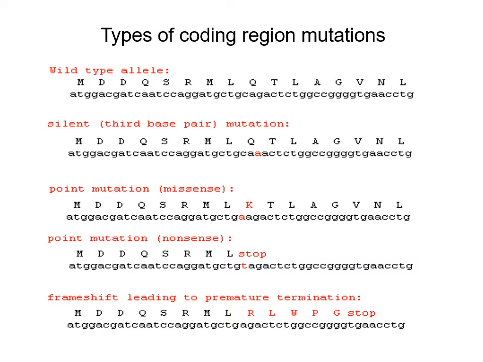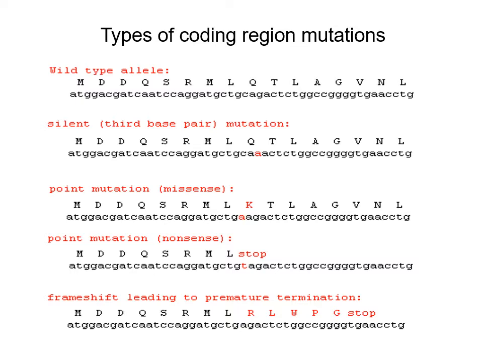We can have varying effects of mutations on that amino acid. The first one in the second line is a silent mutation because it changes a CAG to a CAA. If you look on your genetic code, you find out that that still encodes glutamine, and so it's a silent mutation, has not changed the amino acid sequence of the protein.